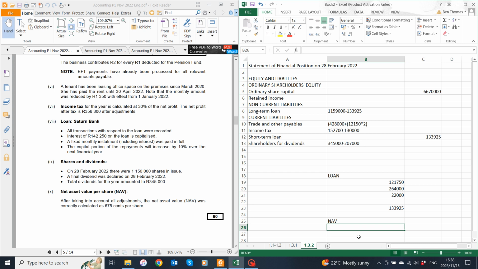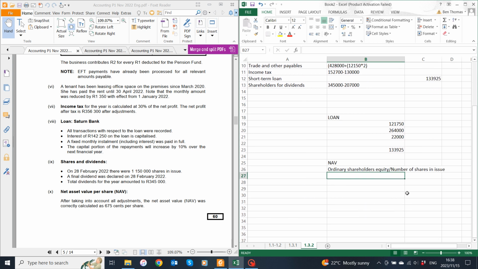Now, the formula for net asset value per share, and we'll just do it over here, is actually going to be ordinary shareholders' equity, and we're going to divide that by number of shares in issue. So now we're going to try and do that sum because we already have the answer of 675.